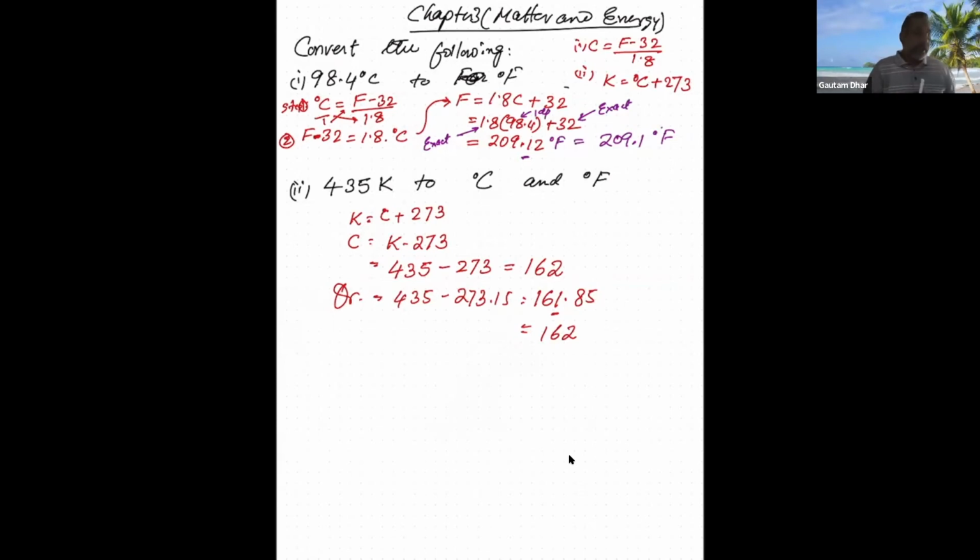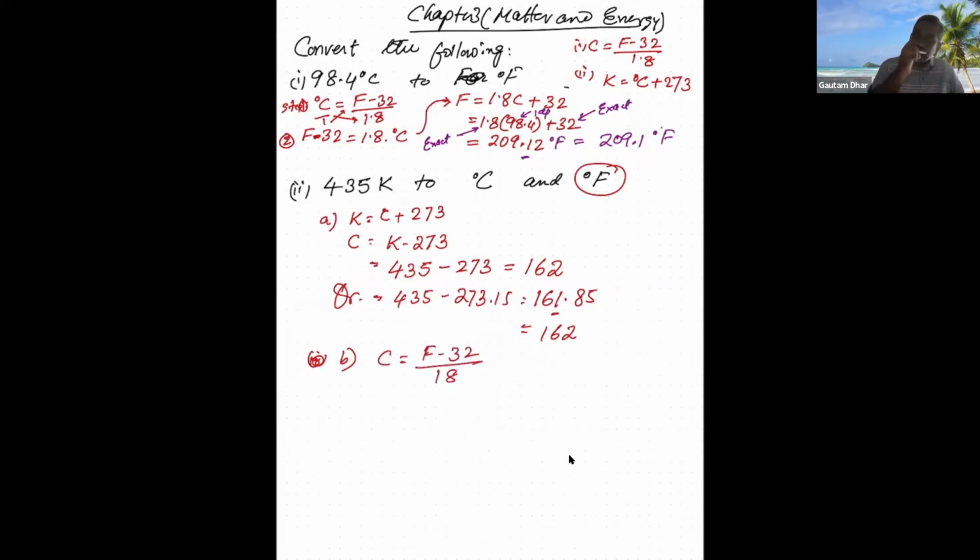Once you get that, you want to get to the Fahrenheit. So again, we'll do the same thing for number 2, or B, let's say. This is A. Now C equals F minus 32 divided by 1.8.